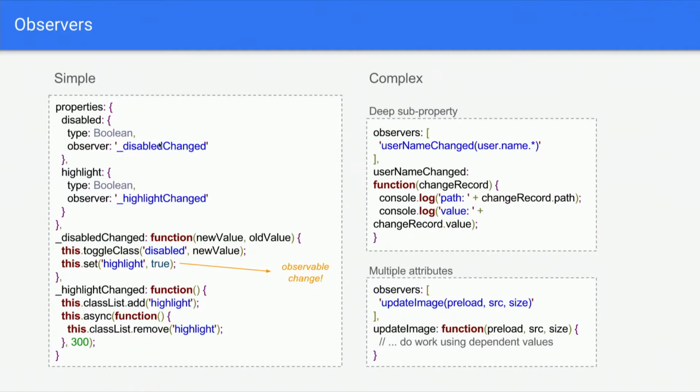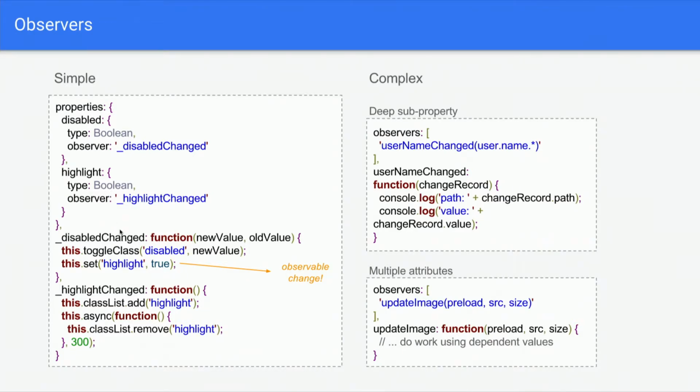Then we have observers for them. So this implies that disabledChanged is an observer of disabled itself, and so on. Behind the curtains, it will handle a bunch of listeners for you, so you can have something react to a changing property.